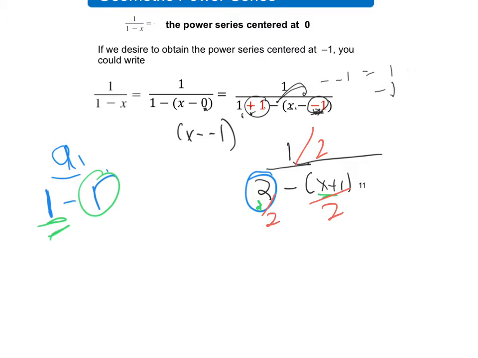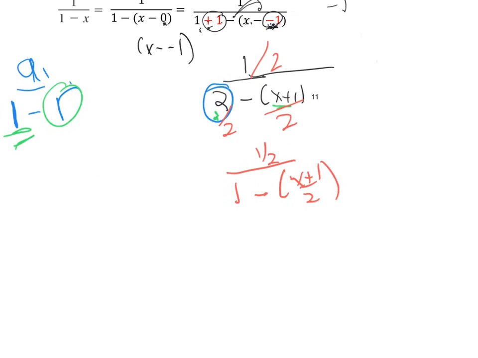I'm starting to see something happen. I now have a 1/2 on top, 1 minus all of this over 2. That looks pretty good. That looks really super good.